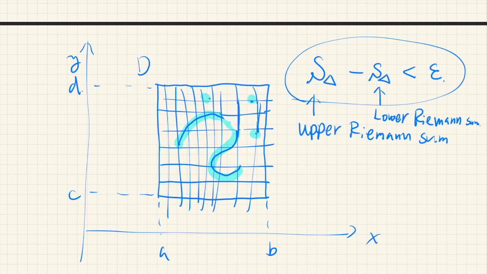One that contains any point in the null set A. Let's change the color here. So maybe these yellow rectangles may contain some point in the null set, and maybe this one, maybe this one.